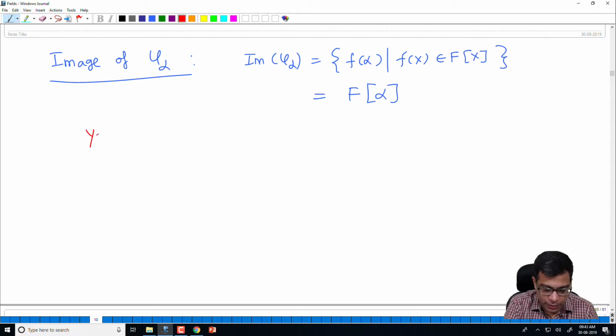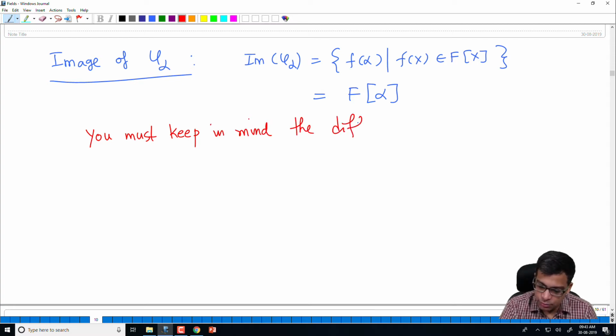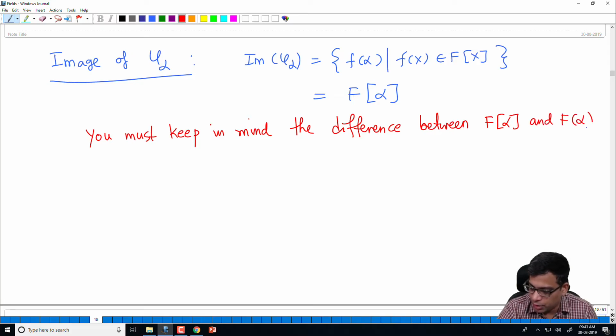You must keep in mind the difference between F square bracket alpha and F round bracket alpha, right? The difference is F square bracket alpha is obtained by taking polynomials over capital F and evaluating them at alpha and taking all the elements. So of course this is in K.